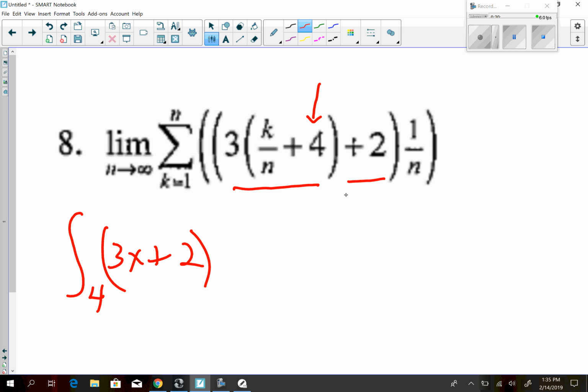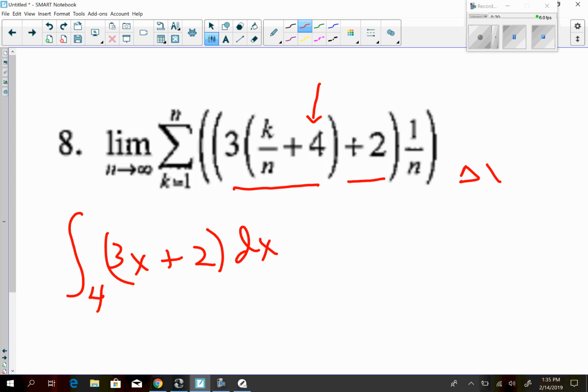And then this is the dx, or the width. So to get the number here, I'm going to say delta x equals b minus a over n. I'm guessing that delta x is this fraction. I sort of guess that that's a.